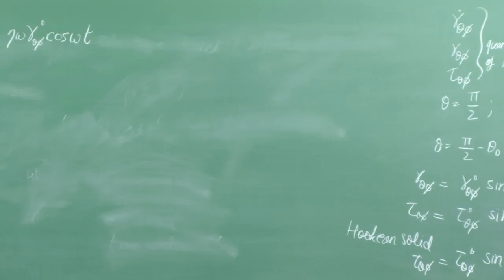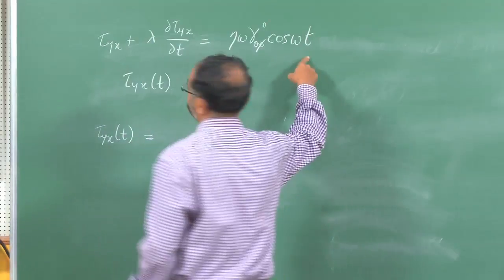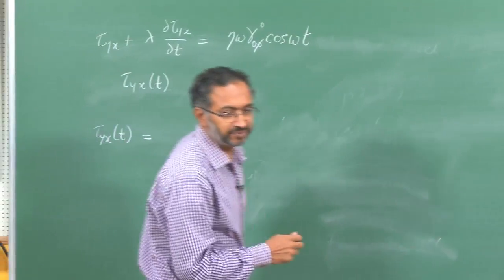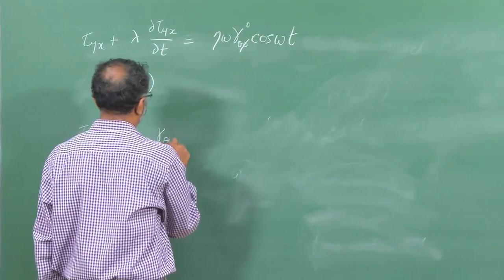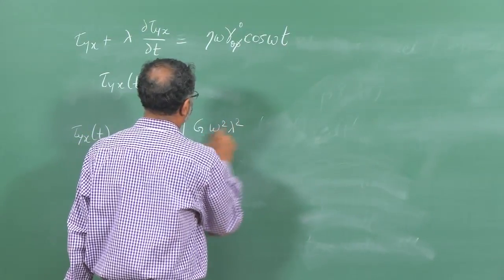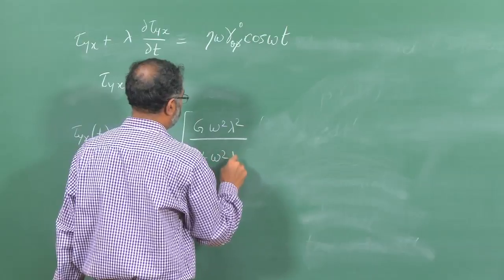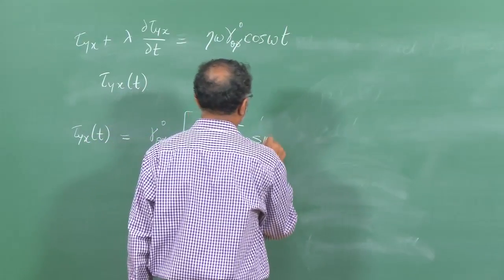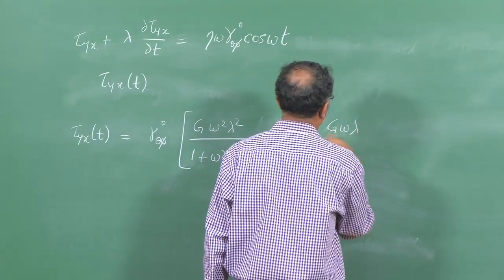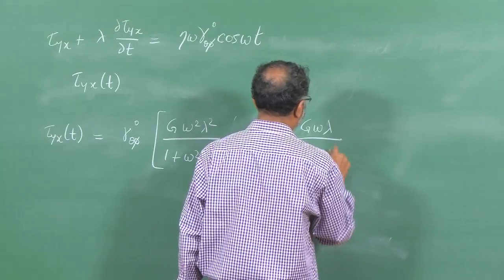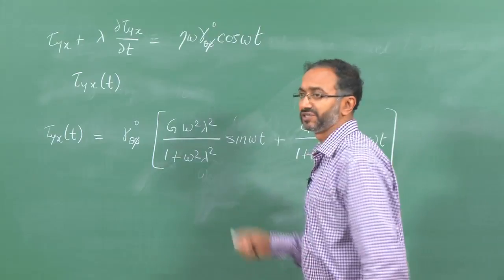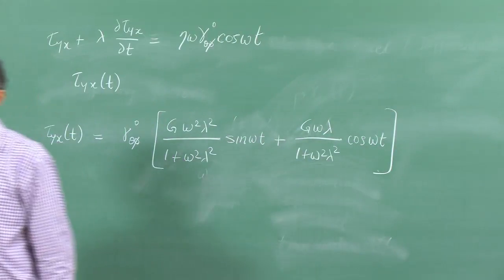If you were to solve this equation, you can get tau_θφ in terms of the prefactor gamma_θφ0, G omega squared lambda squared over 1 plus omega squared lambda squared, times sin omega t, plus G omega lambda over 1 plus omega squared lambda squared, times cos omega t. So, this is the overall solution according to the Maxwell model.